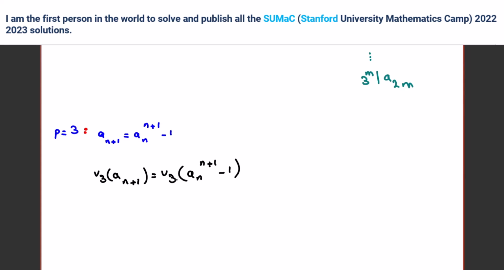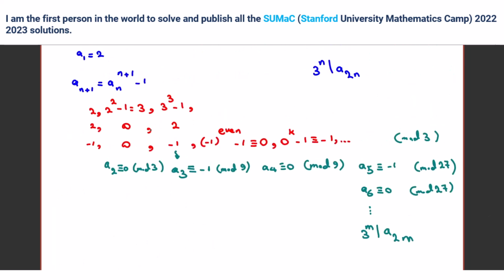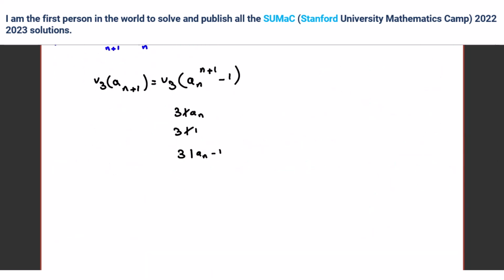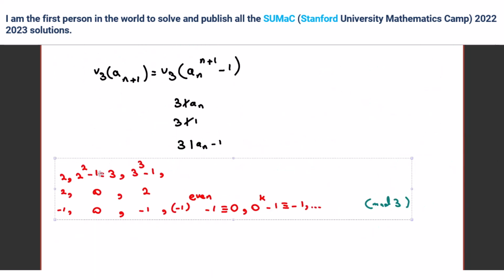So 3 shouldn't divide a_n, 3 shouldn't divide 1, and 3 should divide a_n minus 1. But our problem here is that these are 2, and we can't have this condition, agree? So what should we do to be able to use this?